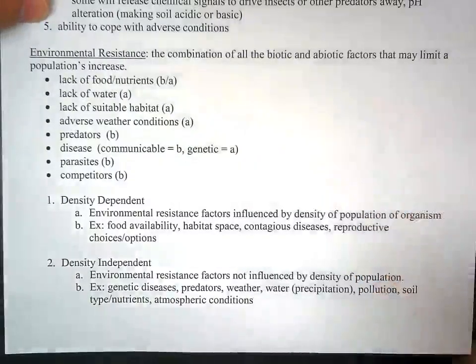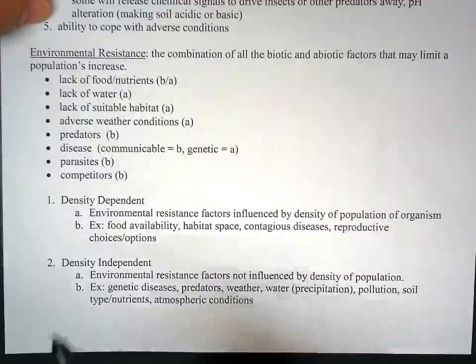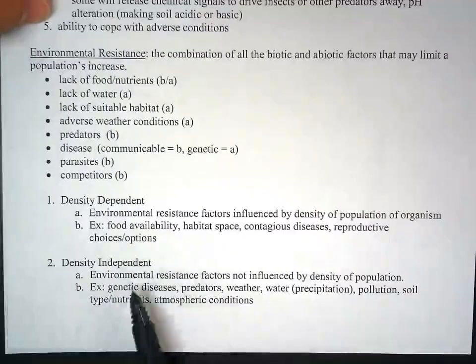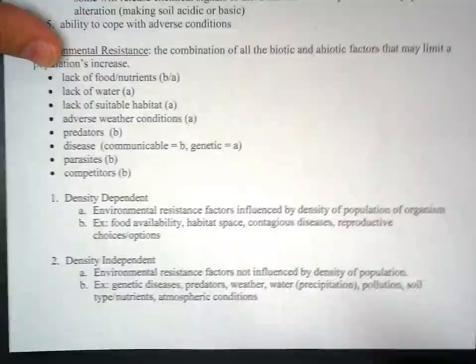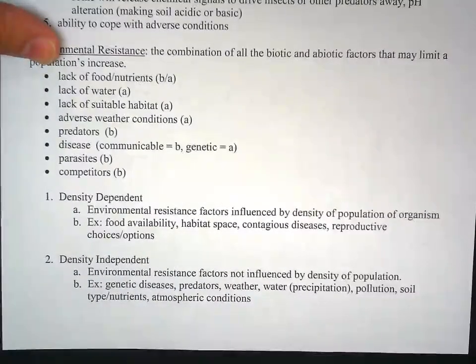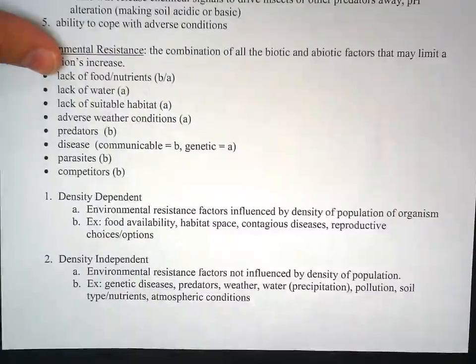So does the density, or the number of individuals in an area, in an individual population, make it better or worse? Does it change how that factor works? If it does, that's density dependent. If it doesn't, that's density independent. So let's look at density dependent. Food availability. Okay, that's density dependent.